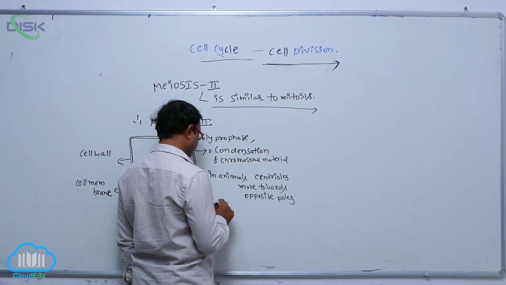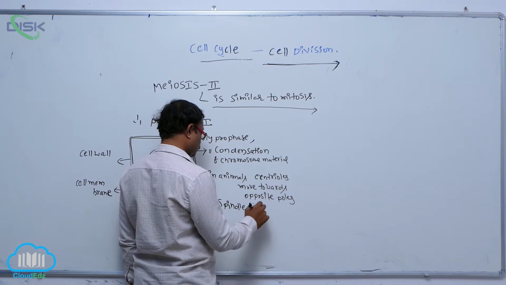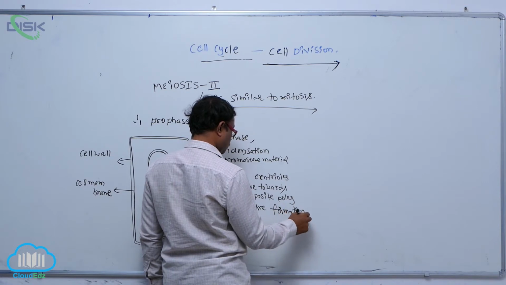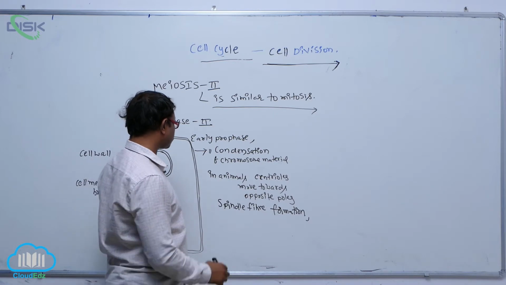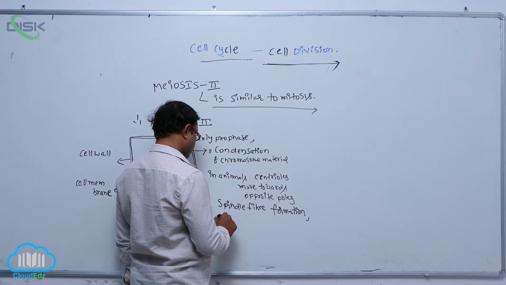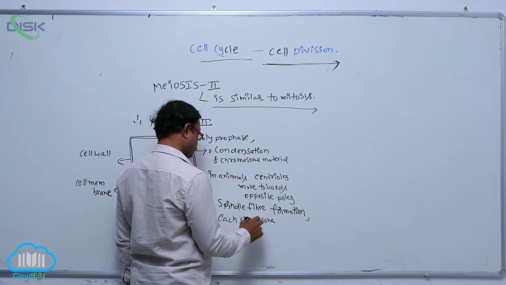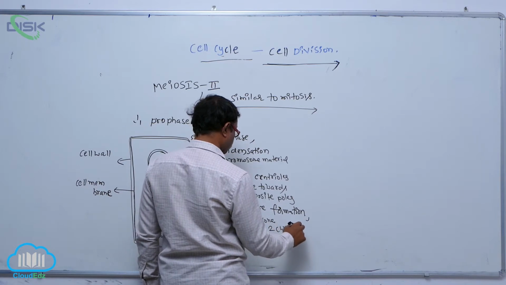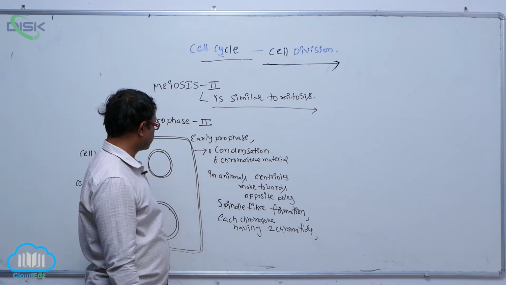After that, spindle fiber formation. Each chromosome has two chromatids.